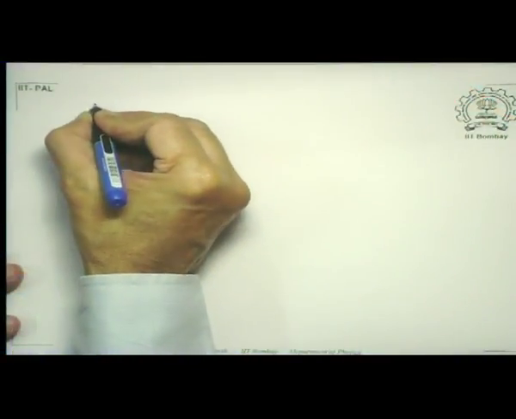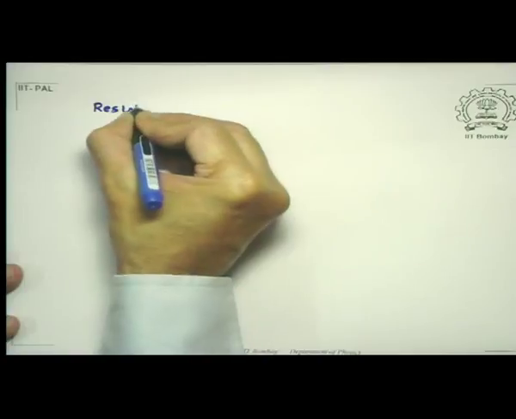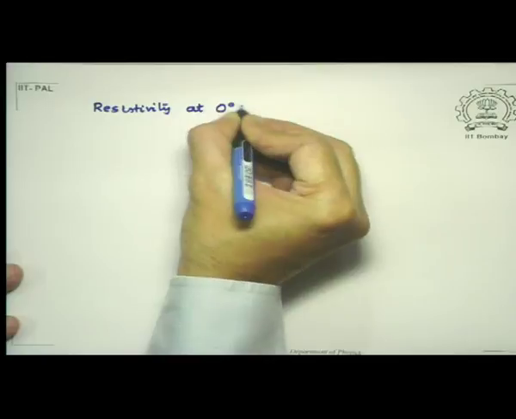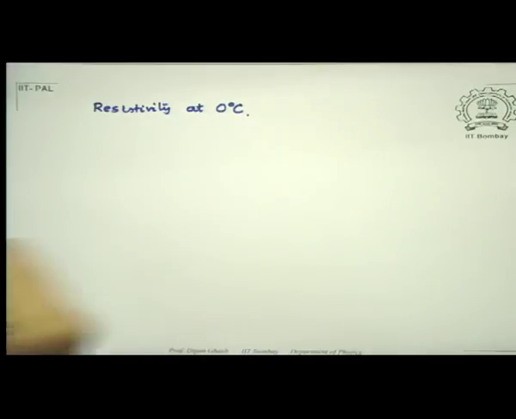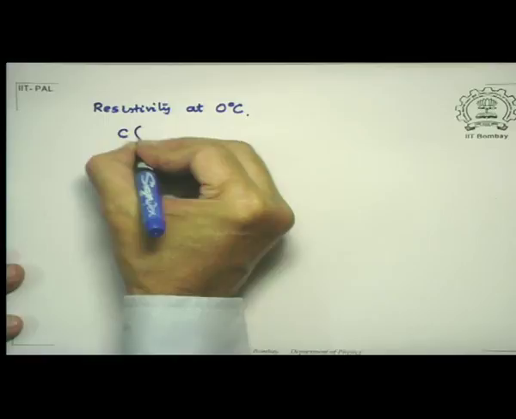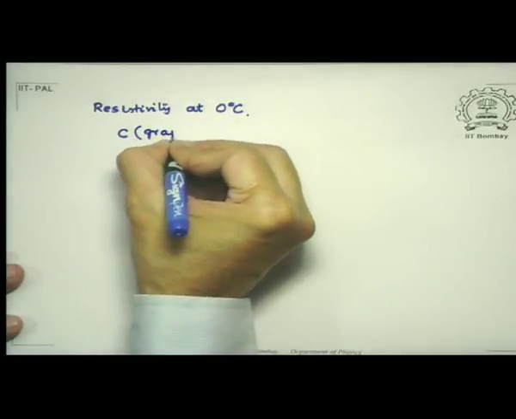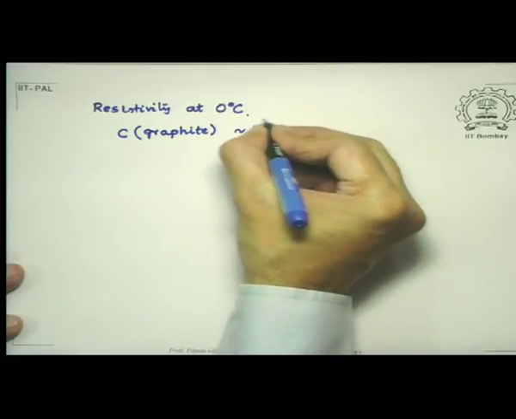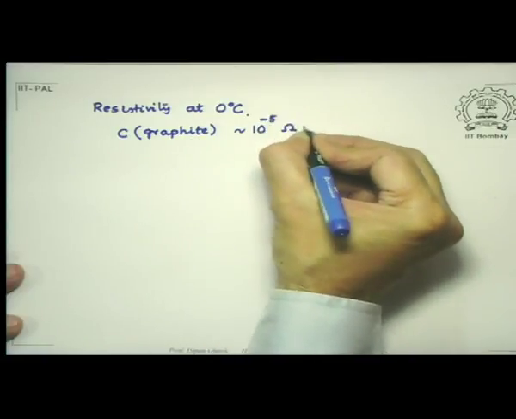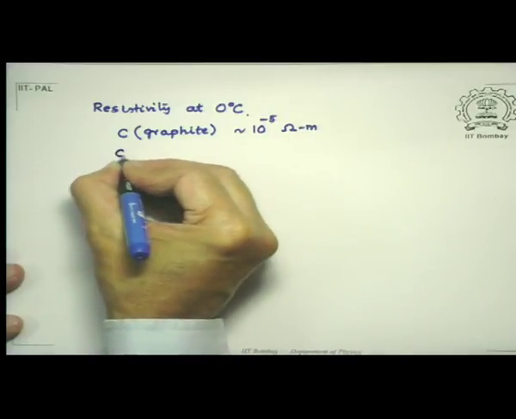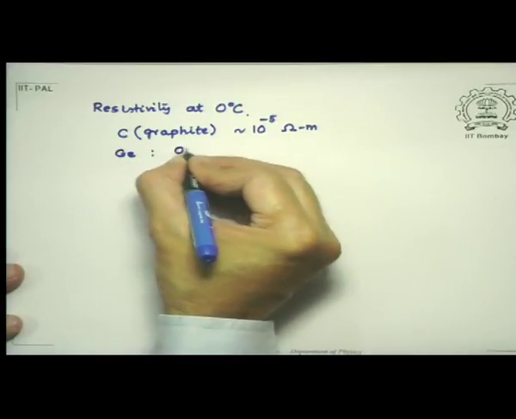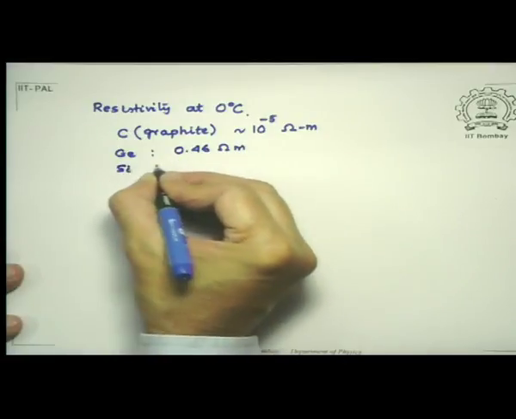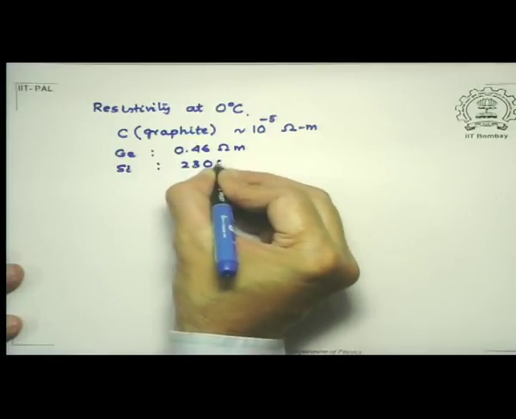For example, the resistivity at 0 degrees of carbon in the form of graphite is of the order of 10 to the power minus 5 ohm meter. Germanium is 0.46 ohm meter, silicon 2300 ohm meter.